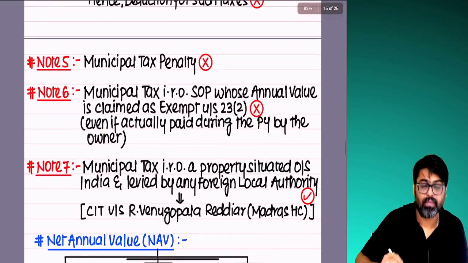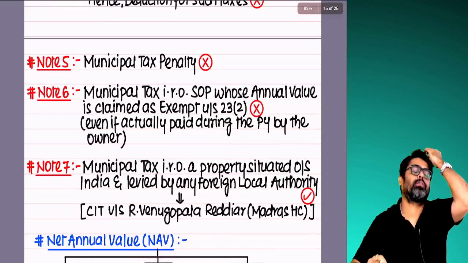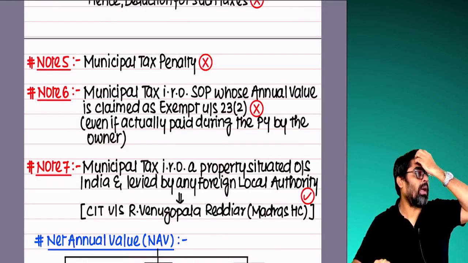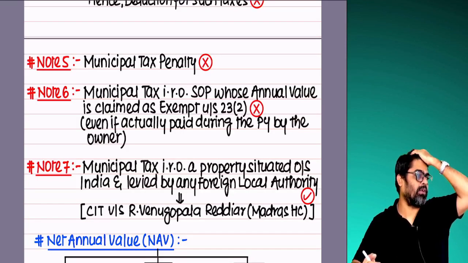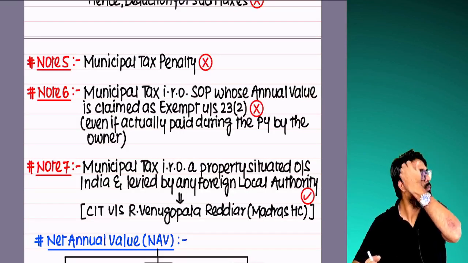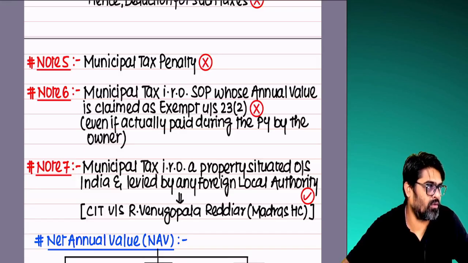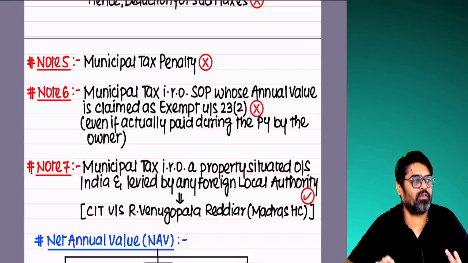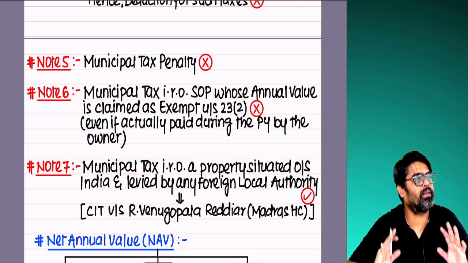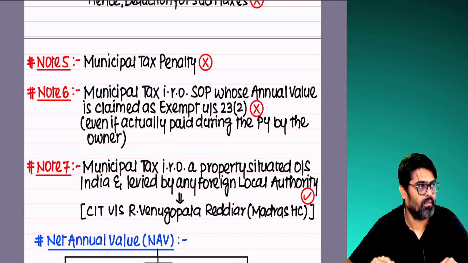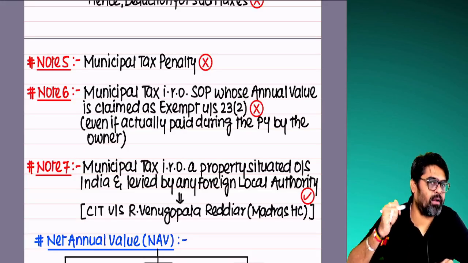Note number 5. Sometimes you don't pay your municipal taxes on time. So what happens? The municipality charges municipal tax penalty also. Definitely they are going to charge. Why? So that from next time onwards, you pay your municipal taxes on time. For example, your municipal tax for this year was 10,000 and there was a due date to pay it.